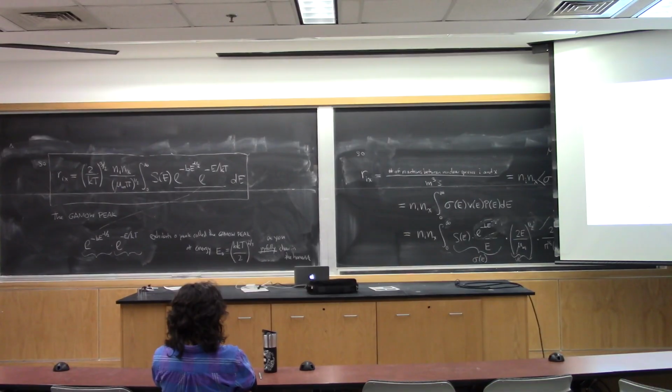And here is the plot of e to the minus E over kT, in keV, at the temperature of the sun's core. And here is the plot of e to the minus b, E to the minus 1/2, divided by 1,000.